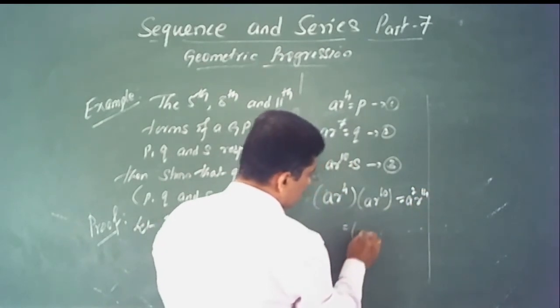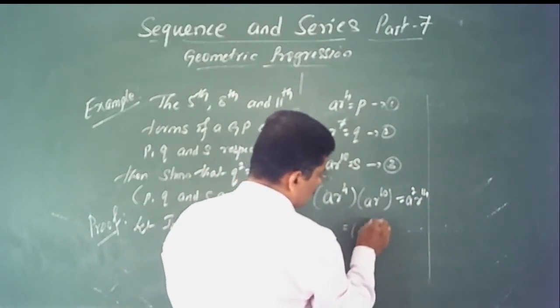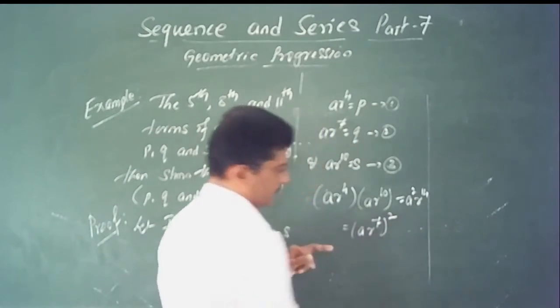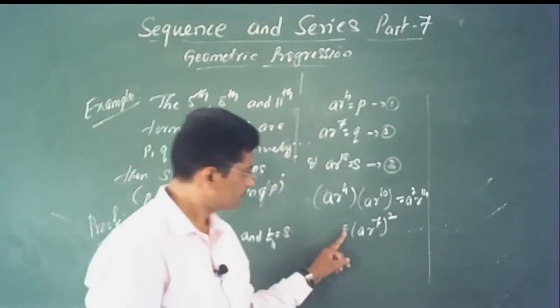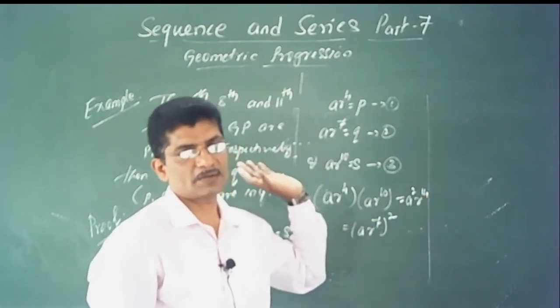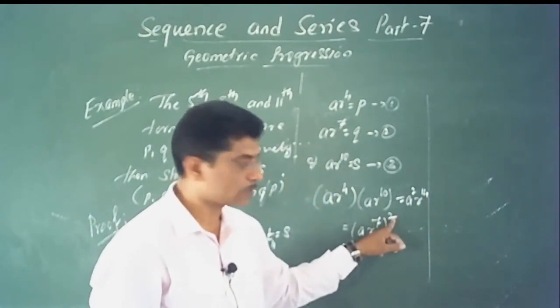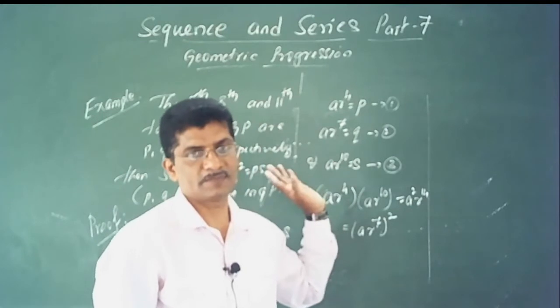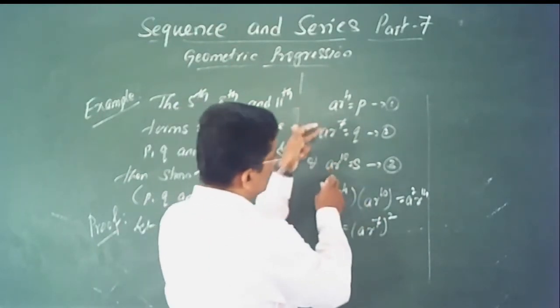That can be written as A into R raised to 7 whole square. It's clear? A square R raised to 14, since R raised to 7 whole square means R raised to 14.